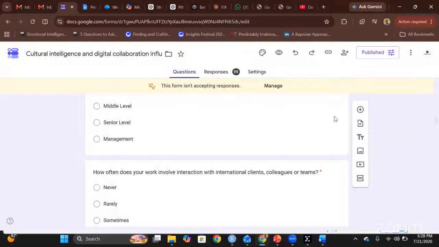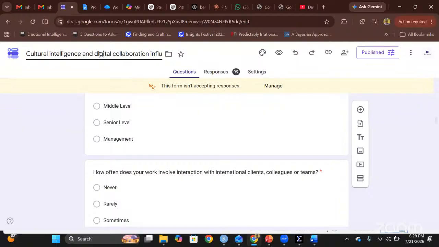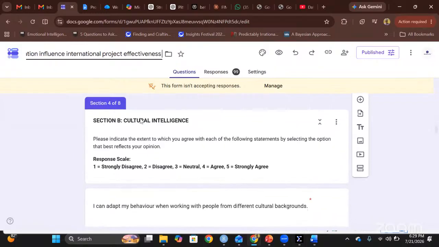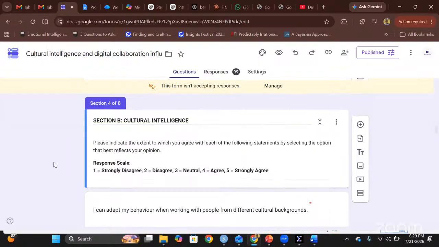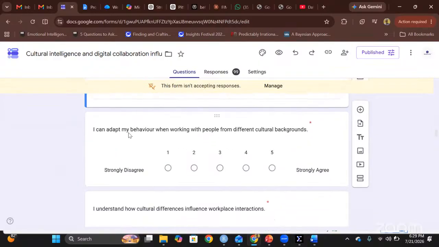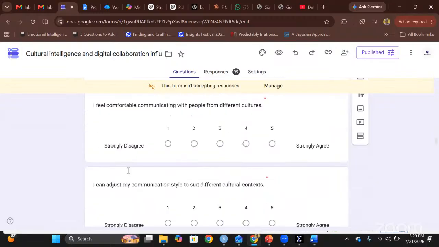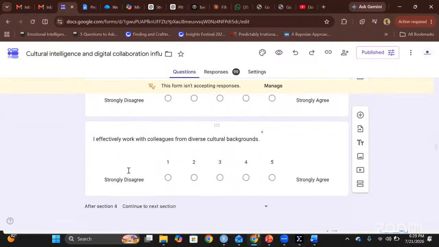The work we are working on is this project, cultural intelligence, digital collaboration, and their influence on international project effectiveness. You already see that we measured cultural intelligence here. To measure cultural intelligence, we asked how many questions? 1, 2, 3, 4, and 5.